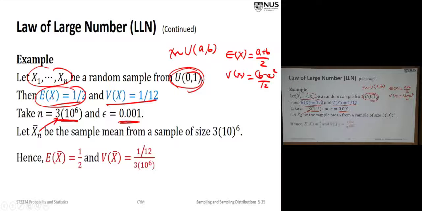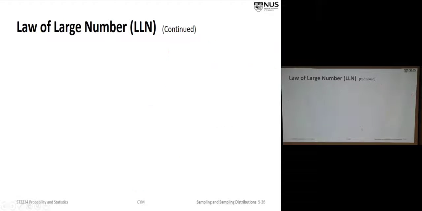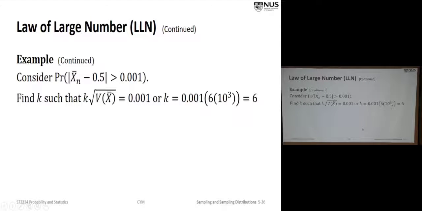Then what is the expectation of x bar? According to the theorem that we just discussed, it is equal to the expectation of x, which is equal to half. The variance of x bar is equal to the variance of x divided by 3 times 10 to the power 6, so it's the variance of x divided by n, which is a very small number.